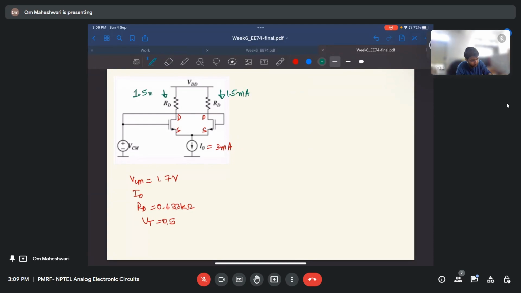Now let's see this transistor and apply the condition for saturation. For saturation, VDS should be greater than or equal to VGS minus VT, right?